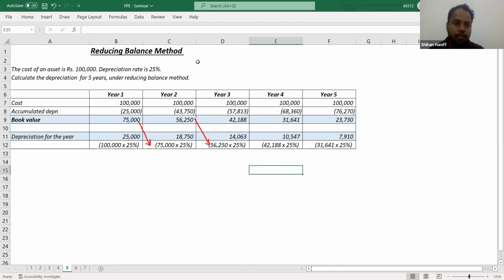Okay, so this is the reducing balance method. We will do everything from the base. You understand the PPE related stuff.